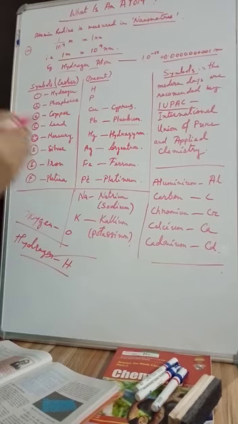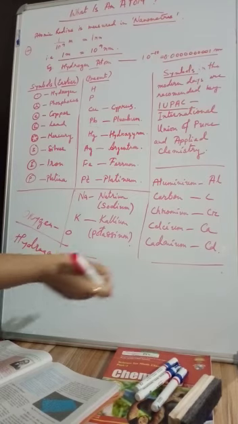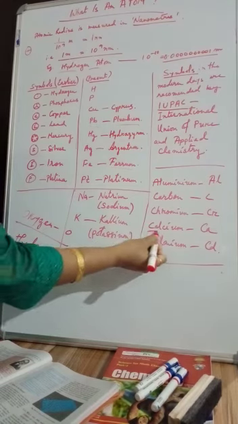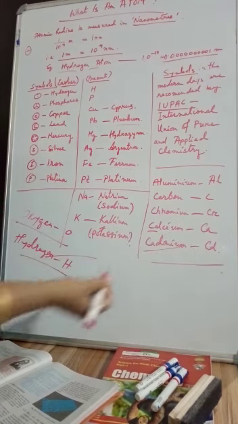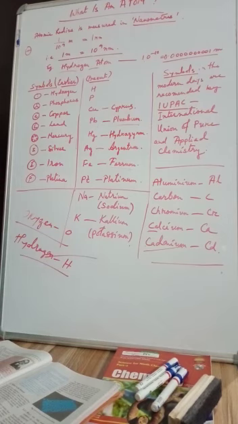If the first two letters are already used, we just use the third letter. For calcium, Ca is already used, and for cadmium we cannot use Ca again, so we use Cd for cadmium. This is how we write the symbols for the various elements.